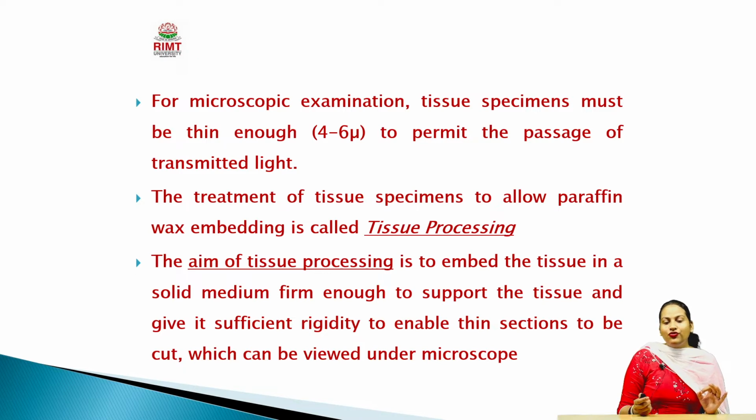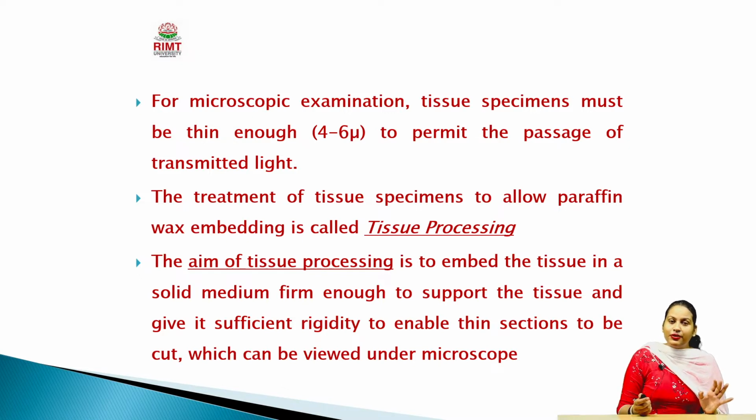So the aim of tissue processing is to embed the tissues in a solid medium firm enough to support the tissue and give it sufficient rigidity to enable thin sections to be cut, which can be viewed under the microscope. As you know, a microscope is the instrument used to view very small substances or organisms that we can't see with our naked eye.